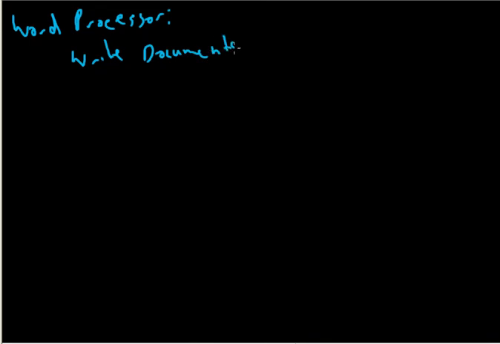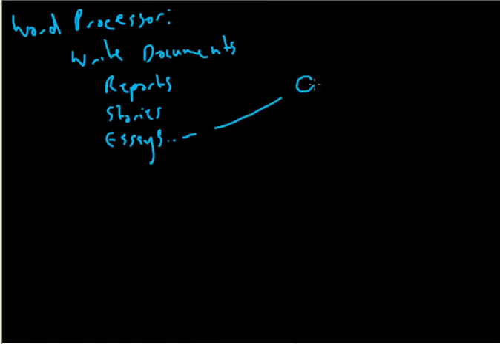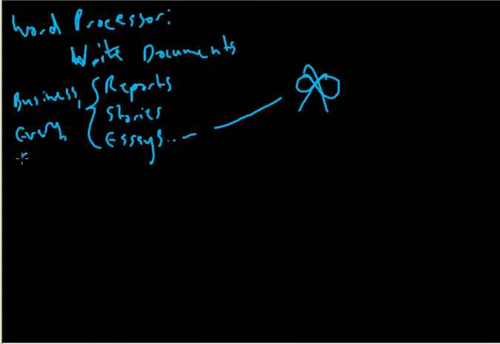You can write all sorts of documents, like reports, stories, essays, and the list goes on and on, not really to infinity, but you know what I mean. There's a lot of uses for word processors. These things are basically essential for business, but also everyday life.